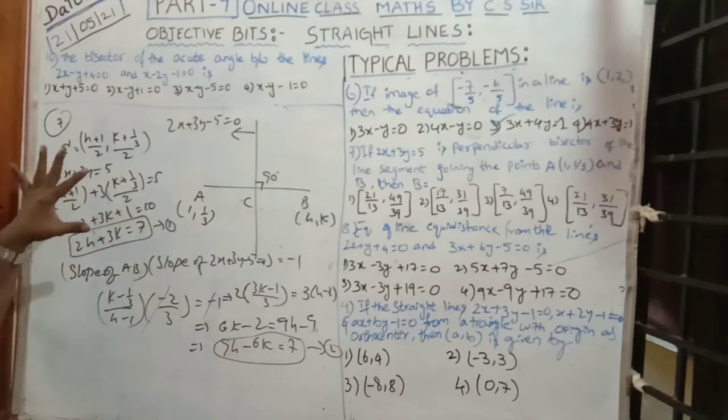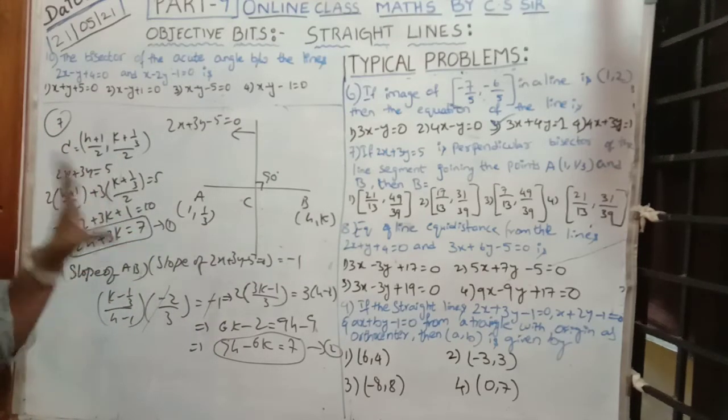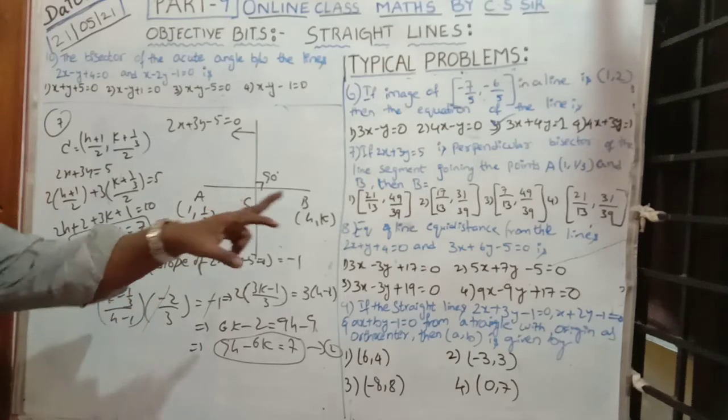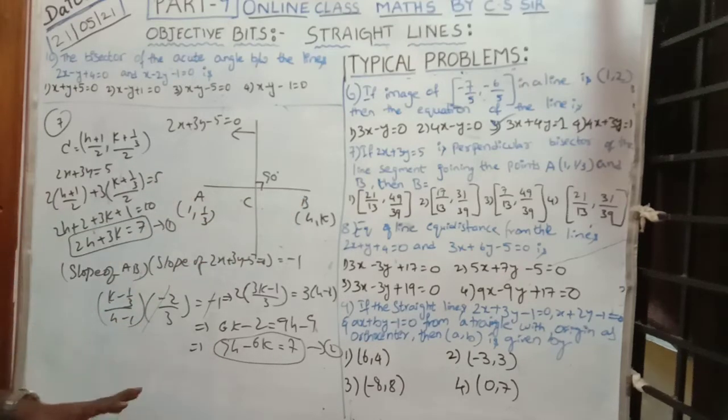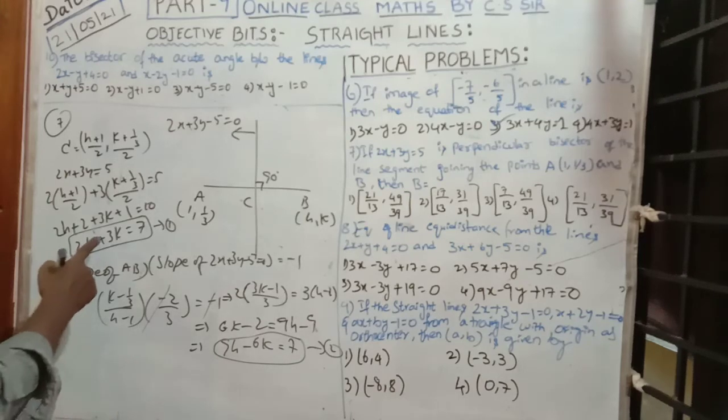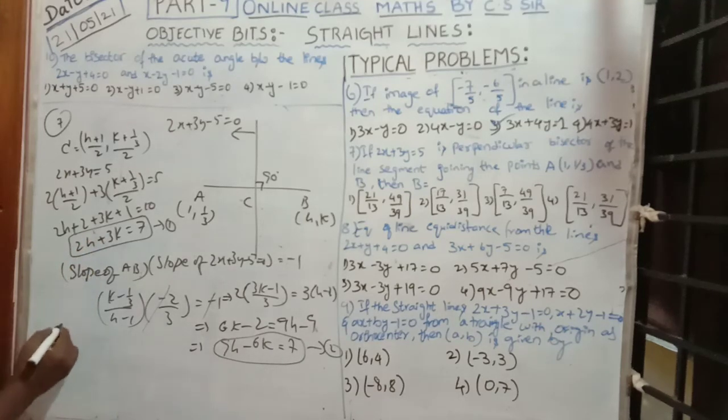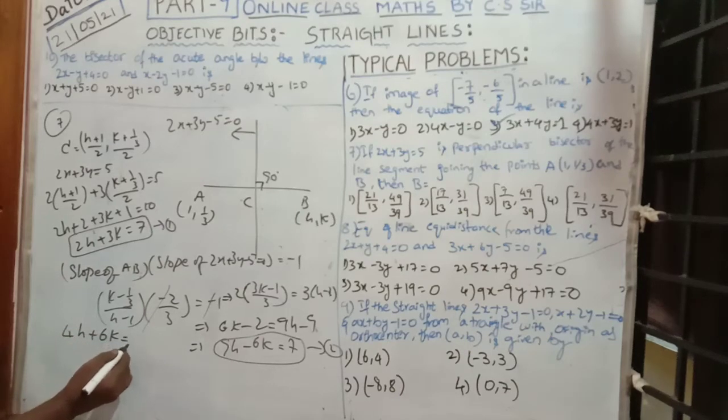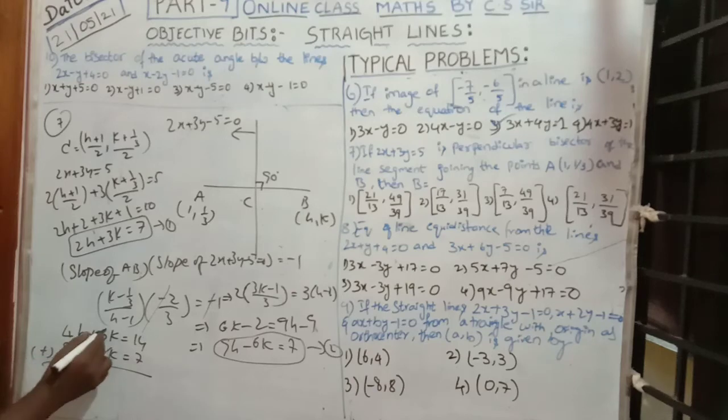This is one method, the raw method. We can get it by solving this one; it's a simple one. You multiply with 2, that is 4h plus 6k is equal to 14. It is 9h minus 6k is equal to 7. By adding, it cancels, it is 13h is equal to 21.